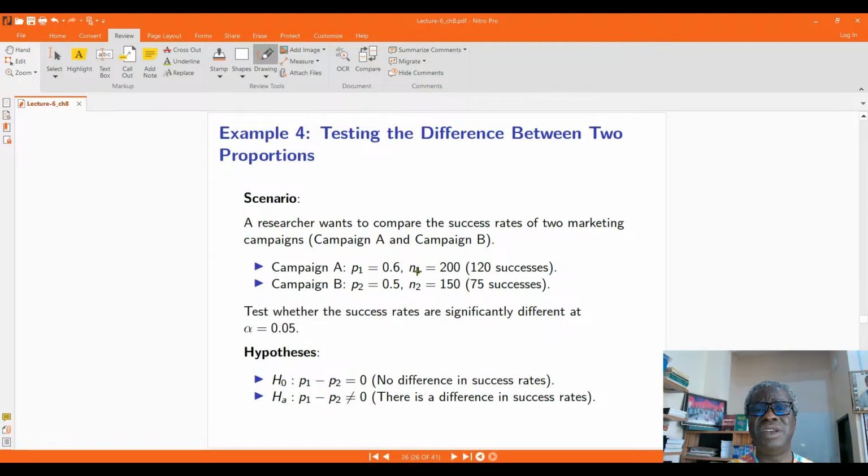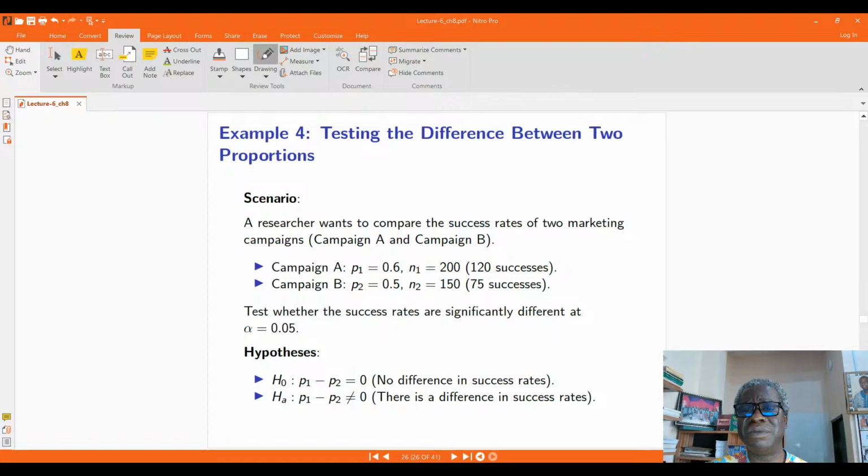Maybe company A drew a sample of 200 potential customers that they were able to campaign to.